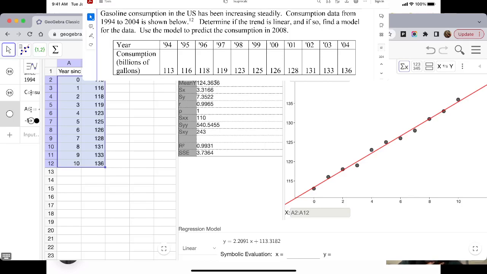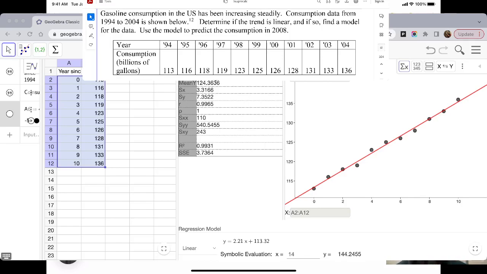So here we can type in x equals 14, and that will give you the calculation. And then it gives you y equals 114.4. See, you got the answer. This is the consumption that we predict using our model.